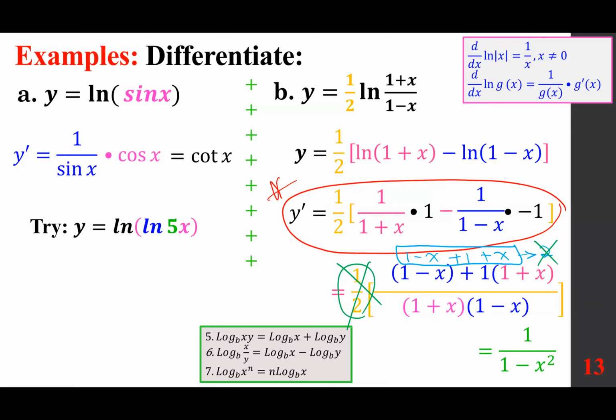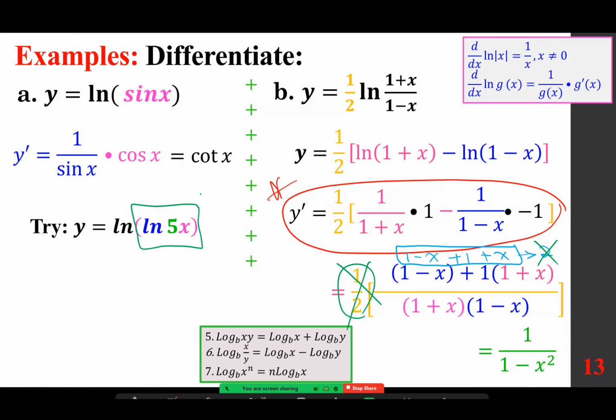I want to try this again. Ln of 5x. I want you to see what happens here and what it is. This whole thing itself, and I put asterisk, is your argument. So the argument of the original log is the whole thing.